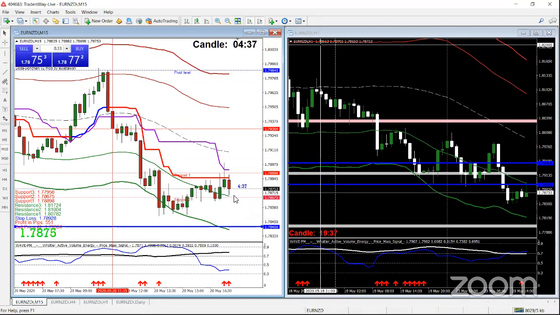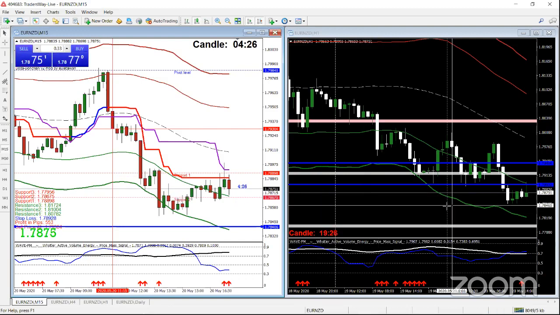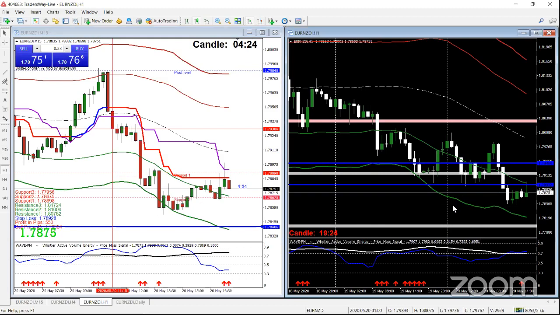But if it stays out of it, if it stays above 2, that's support. If this support holds, then pretty much we're going to be getting out of this 1 hour sell zone.